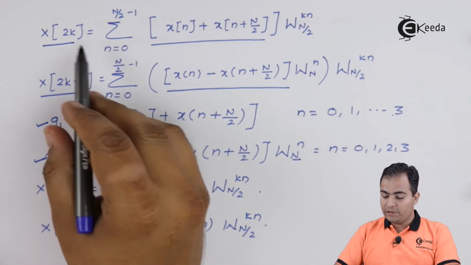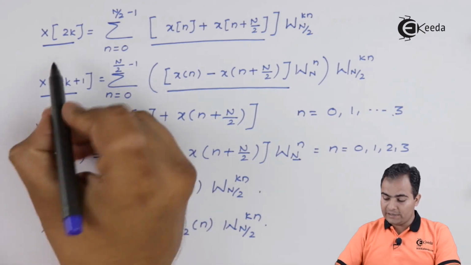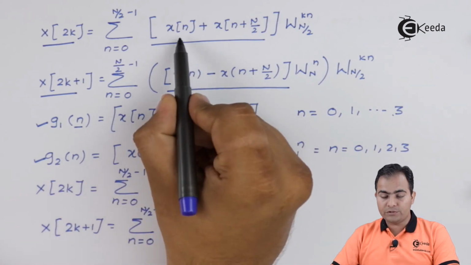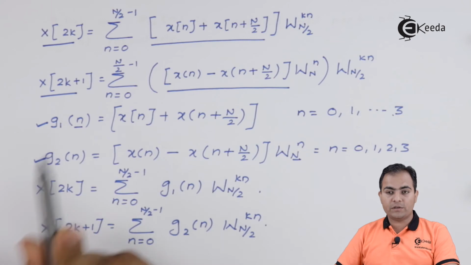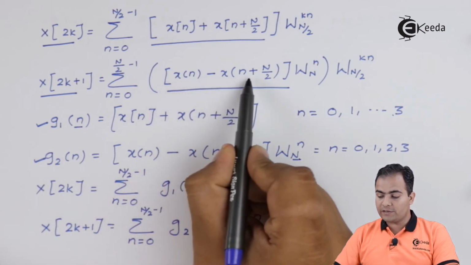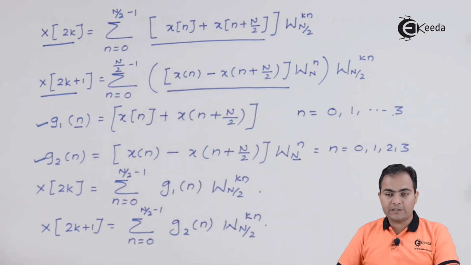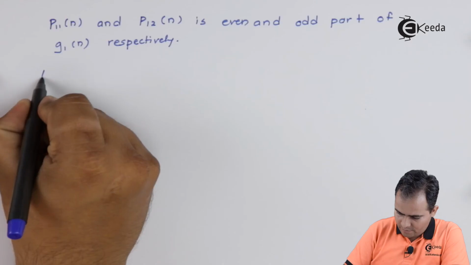In this same equation, x of n plus x of n plus n by 2 is replaced by g1 of n and x of n minus x of n plus n by 2 is replaced by g2 of n. So we'll do the same thing to calculate a 4-point DFT. I'll show you what I'm going to do.